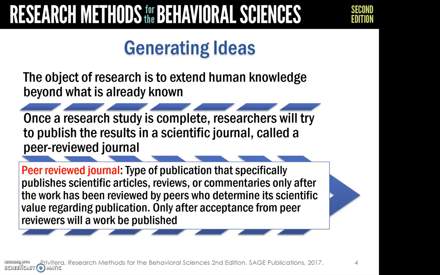So how do we generate ideas? There are several ways of generating ideas, but one of the best ways, which we usually recommend for graduate students going for their master's or doctoral program, is to look at previous research that was done.